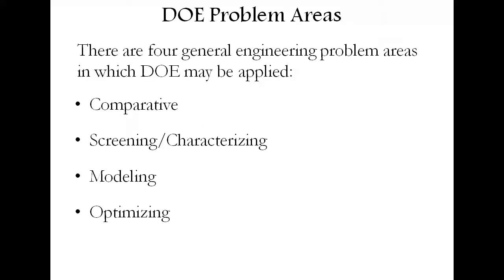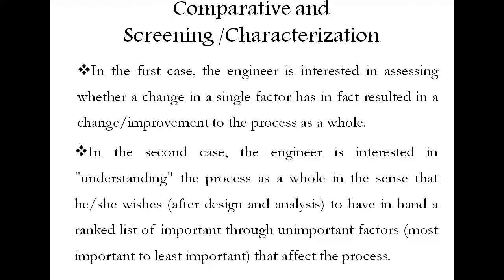DOE problem area. There are four areas you have to identify: comparative, screening or characterizing, modeling and optimizing. In the first case, the engineer is interested in assessing whether a change in a single factor has in fact resulted in a change or improvement to the process as a whole. We can easily compare with the support of design of experiments.